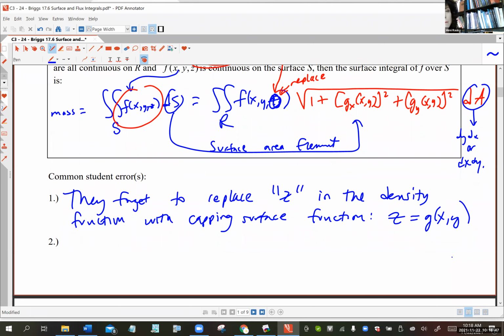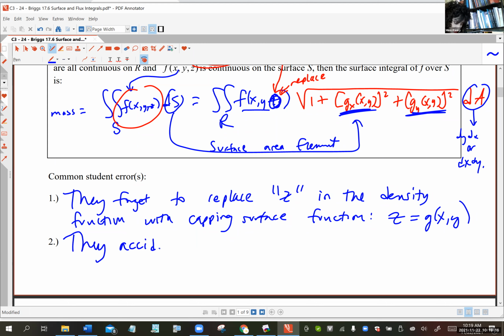The other big issue that I've seen when students blow this problem is when they're doing the partials in this big old radical, that's the surface area element, they accidentally take the partial of the density function f and stick it in there. That's a big no-no. That's going to be minus half a letter grade. I can't even give you partial credit for that because you're blowing it all the way.